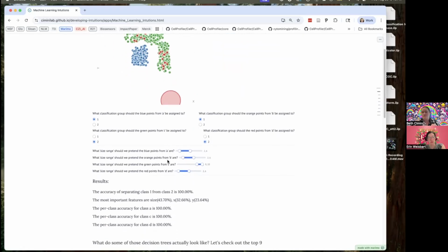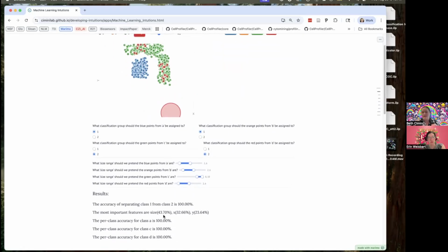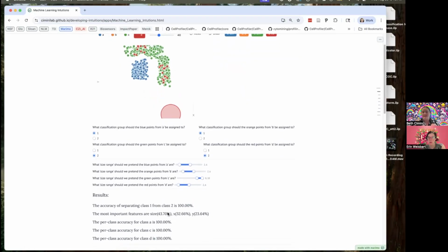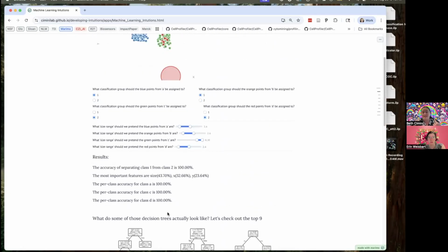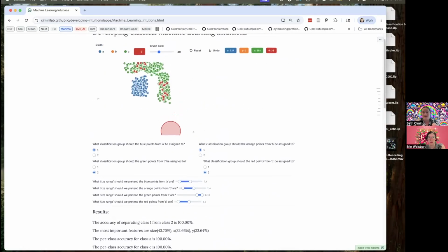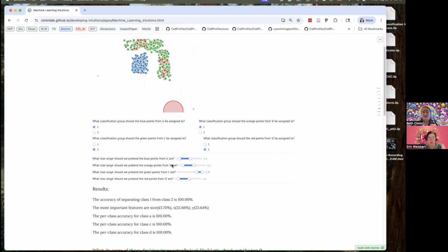It's now still saying that it's 43.7% based on size. Our trees now get super big and can eventually, with enough depth, figure out the difference between C and D, but they're not actually focusing on the thing that we care about.